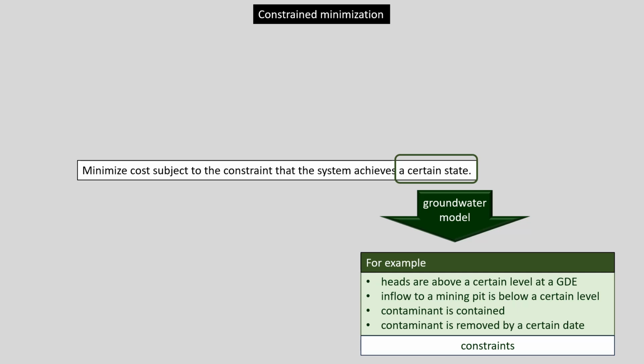We might specify that management is successful if a dewatering system is such that inflow into a mining pit is kept below a certain level, or that contaminant is contained by pumping, or that pumping removes all contaminant from the groundwater system by a certain date. These are called constraints. These are the things we want to achieve as an outcome of management.